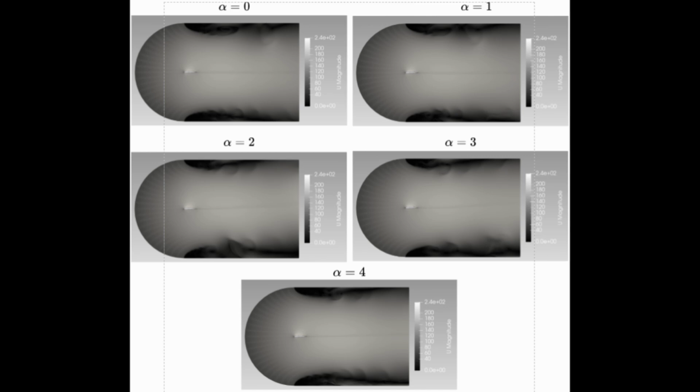The trend you may have noticed for velocity is that the area on top of the airfoil is brighter than the area below it, which means that the airflow on top is faster than the airflow below the airfoil, which confirms the circulation theory.